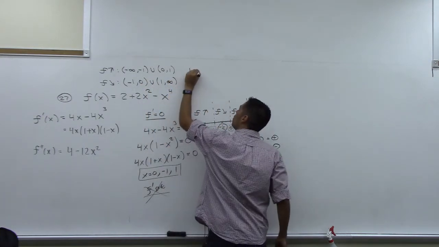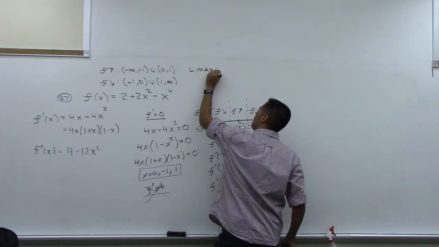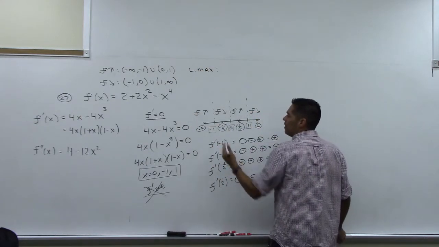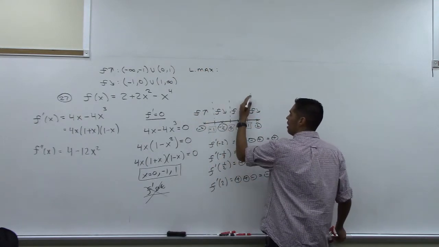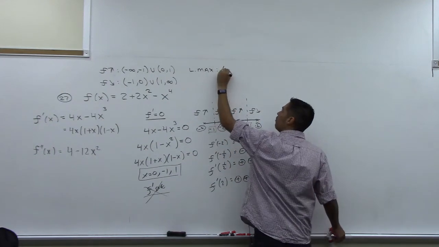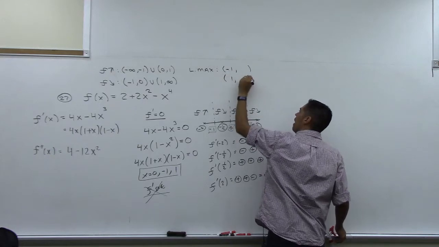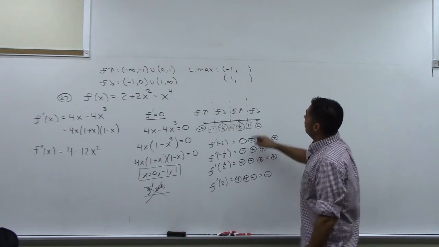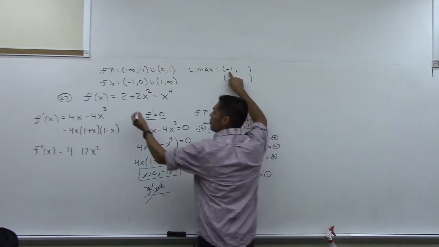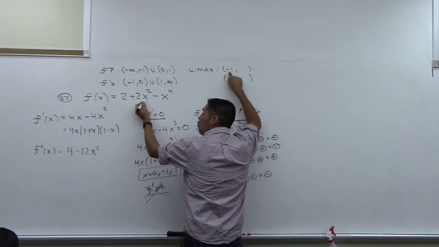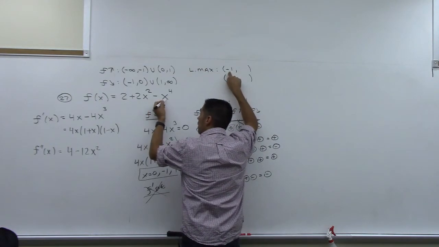We have a local max, let's see, wherever it goes up and then down. So up and down, and it also goes up and down here. So we have a local max at -1 and a local max at 1, but we need to figure out what the value of the function is there. So let's plug -1 into the function. -1 squared is 1, and then -1 to the 4th is 1.